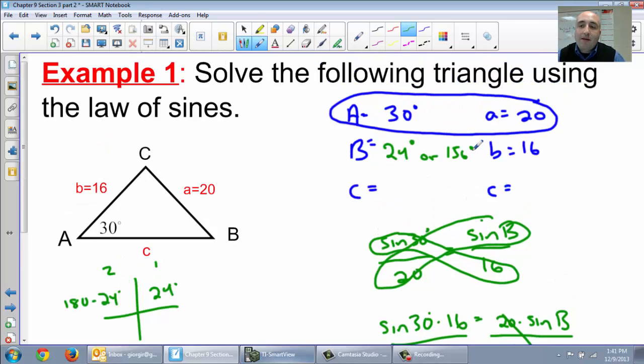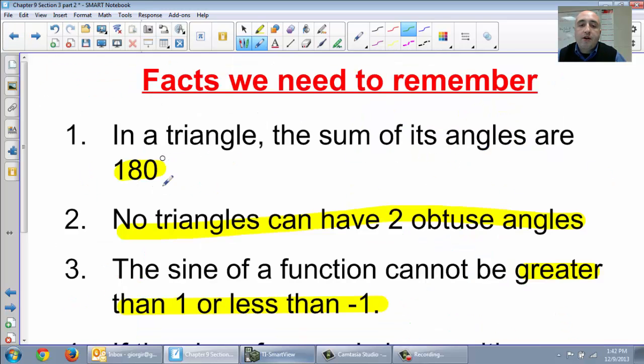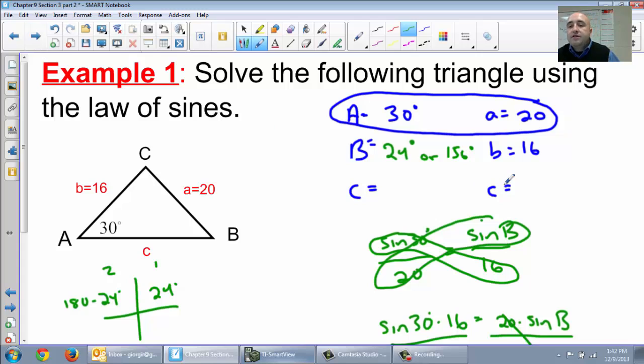Now, let's notice what the problem is. 156 added to our angle A is 186. Can that be possible? A triangle can never have angles more than 180 degrees. So in this problem, 156 is not possible.